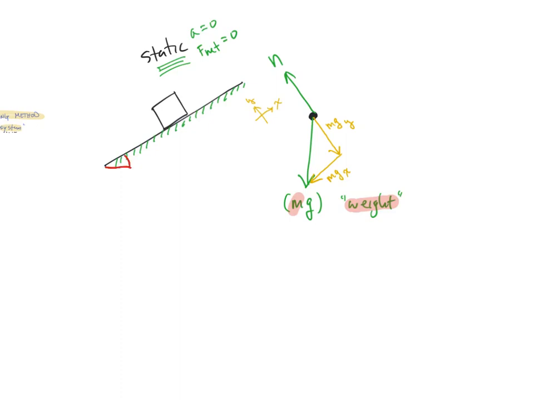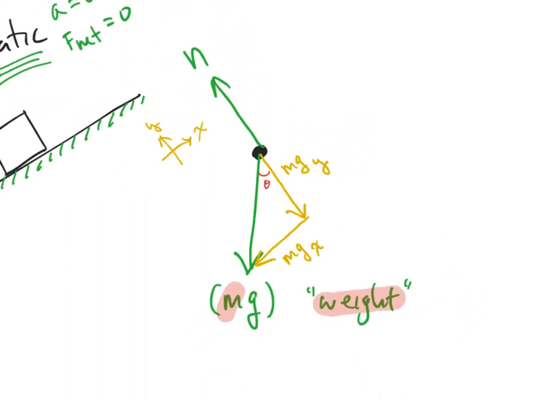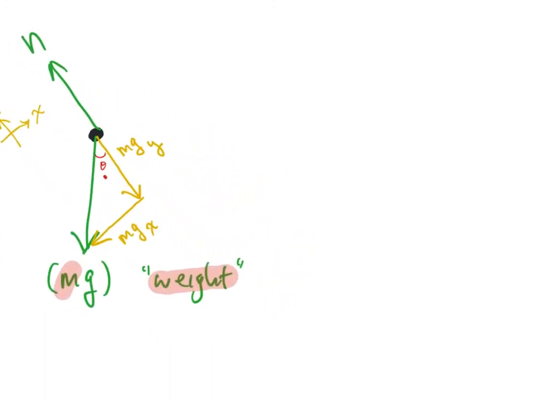Whatever the angle of the ramp is above the horizontal, this angle right here is also that angle, as I've drawn the picture. So that means that mgy here is going to be equal to mg cosine theta, and mgx is going to be given by mg sine theta.